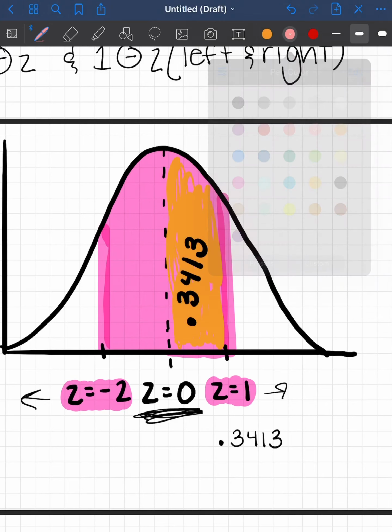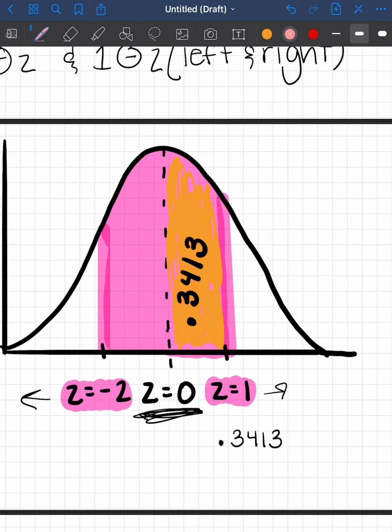Alrighty, so next I'm going to look for the area associated with a z-score of -2. So I'm going to find 2 on my z-table here. On mine it is on the third page, about halfway down, and again, I'm just going over to mean to z. Remember that the graph is just a reflection of itself, so you don't have to have a graph that includes negative z values.